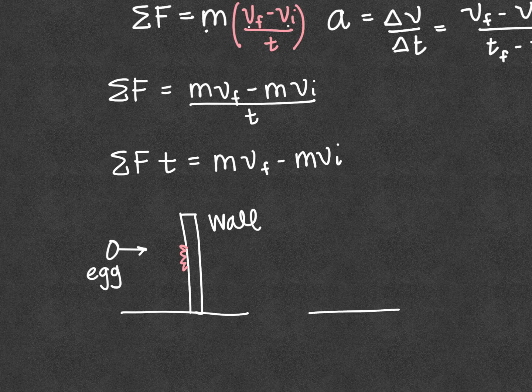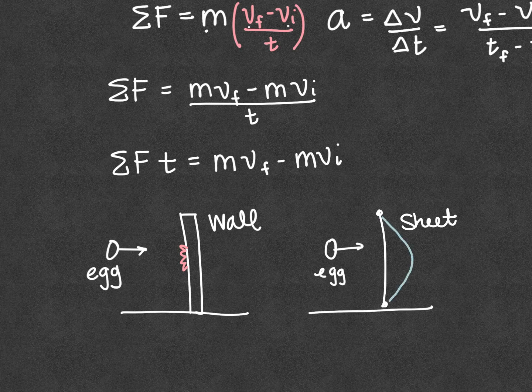Now, when the same size egg was thrown, but it was thrown at a sheet, and so the sheet was connected here, and as the egg struck the sheet was able to bend and give, and let the egg fall and roll down. And this kept the egg from breaking.